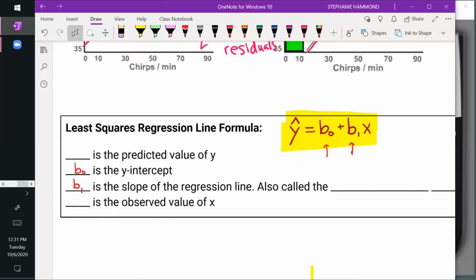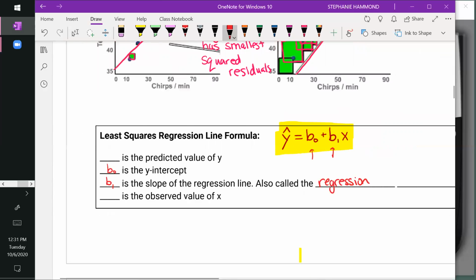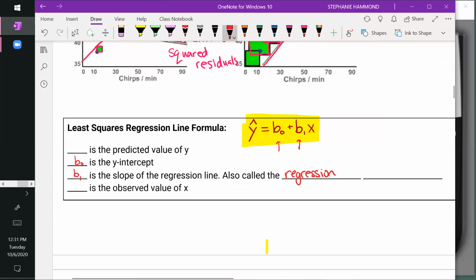The slope of this special line is called the regression coefficient. Okay, so that's only for the slope of this specific kind of line.